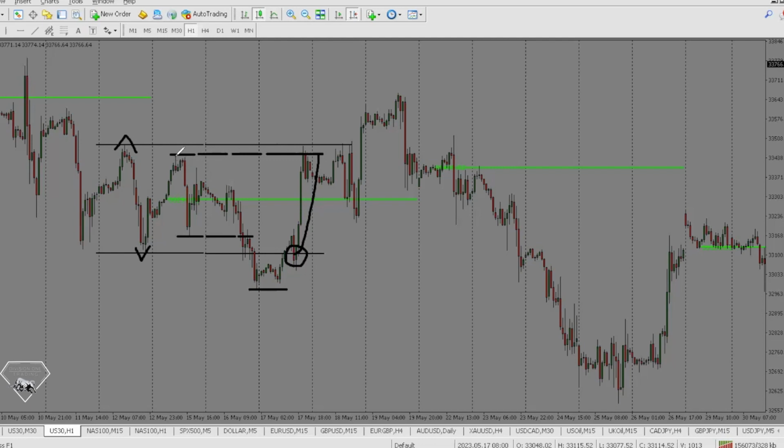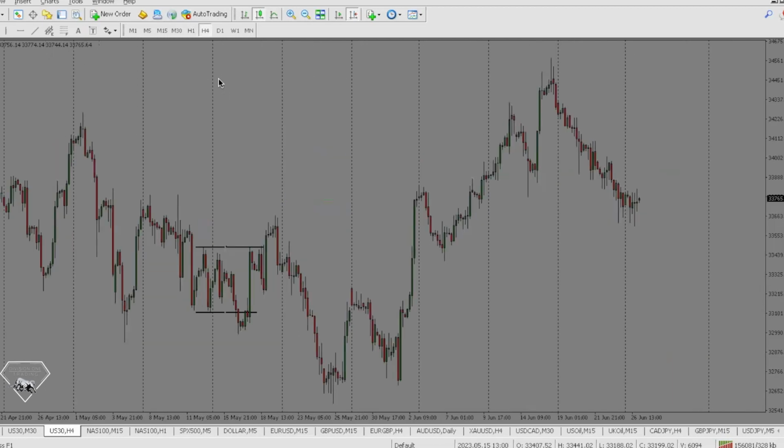Runs to that inside day and then accumulates a little more, goes up and takes out that day before the inside day. And there, you can look at, for example, an outside day where it takes out the high and low of the previous day, right? It's outside both sides, but inside days are really strong turning points.